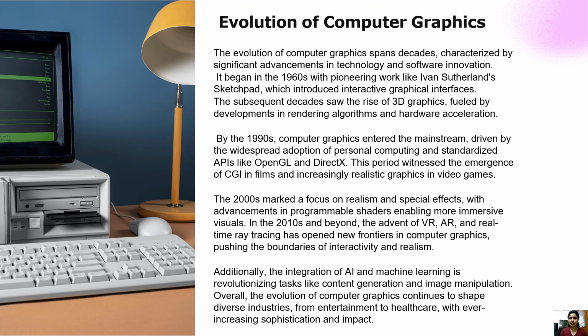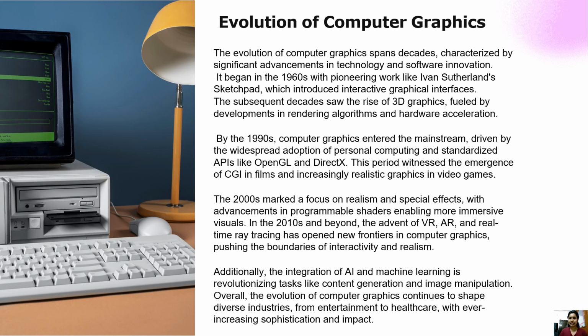This period witnessed the emergence of CGI in films and increasingly realistic graphics in video games. In the 2000s, the focus was on realism and special effects, with advanced lighting and programmable shaders enabling more impressive visuals. In the 2010s, with the advent of VR and AR, real-time ray tracing has opened new frontiers in computer graphics, pushing the boundaries of interactivity and realism.